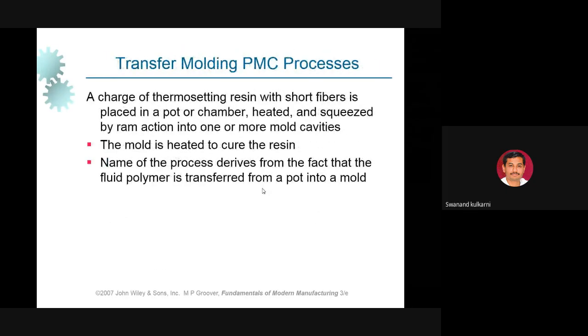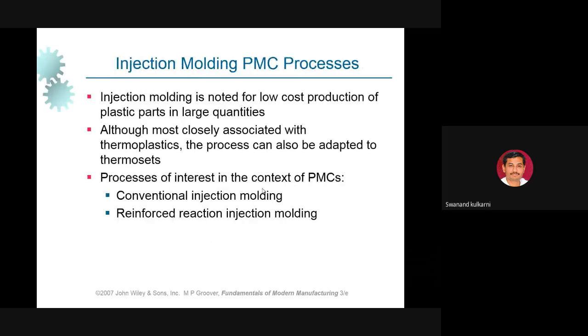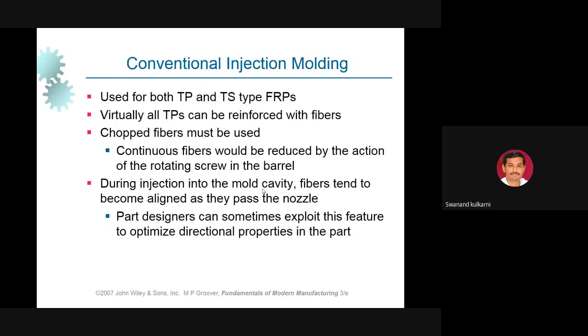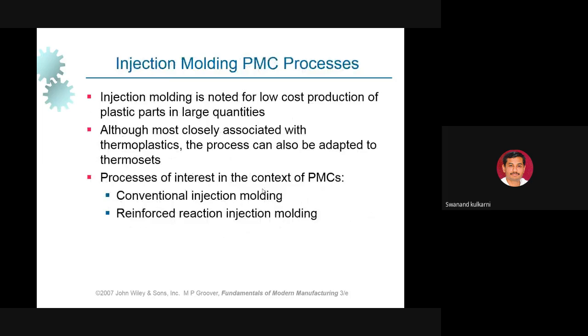the next part is injection molding. Is it okay? For polymer matrix composites, two kinds of injection molding processes are carried out. Injection molding is noted for low-cost production of plastic parts in large quantities. Is it okay?